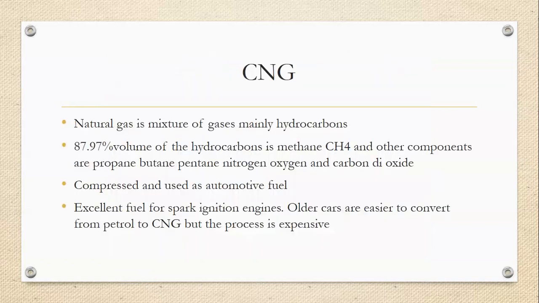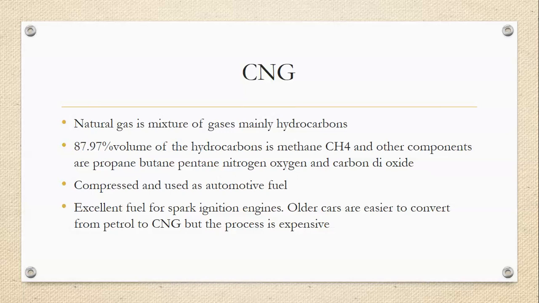Next alternative fuel is CNG fuel, compressed natural gas. Natural gas is a mixture of gases, mainly hydrocarbons. In CNG fuel, 87.9% volume of the hydrocarbons is methane, and other components are propane, butane, pentane, nitrogen, oxygen, and carbon dioxide.